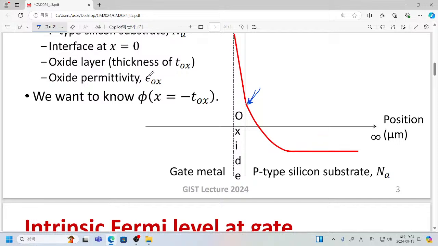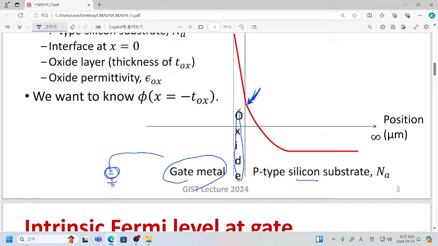There is no way. Instead, when we have oxide on top of the silicon substrate, and a gate metal connected to a certain voltage source, then by controlling the magnitude of this voltage source, we can indirectly control the surface potential at that point.